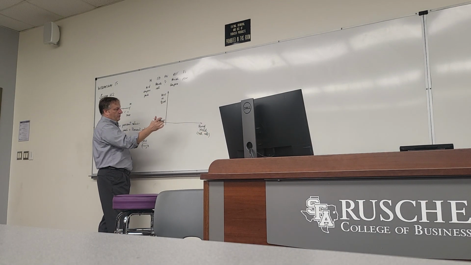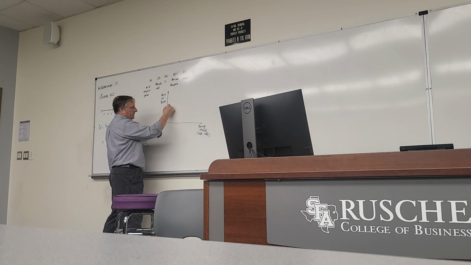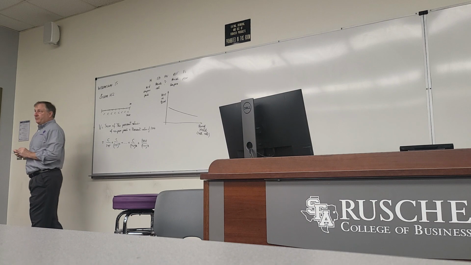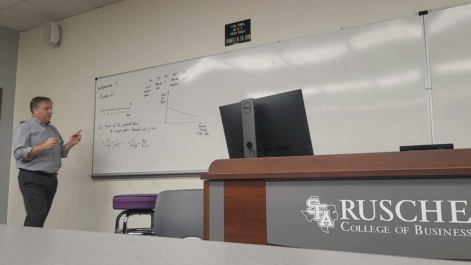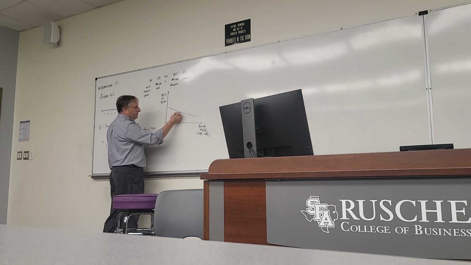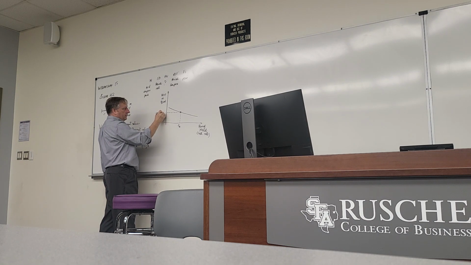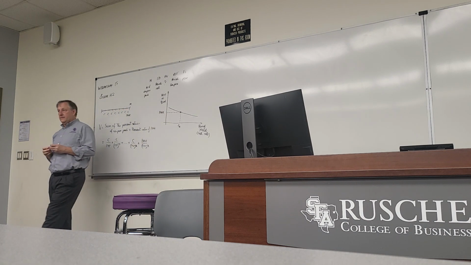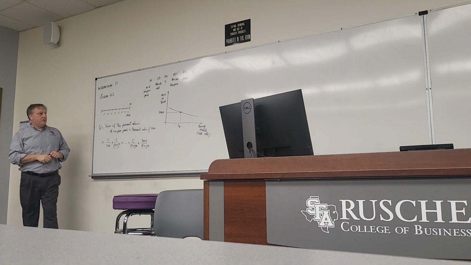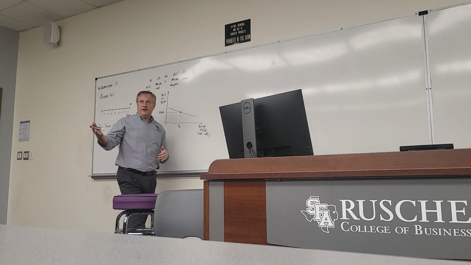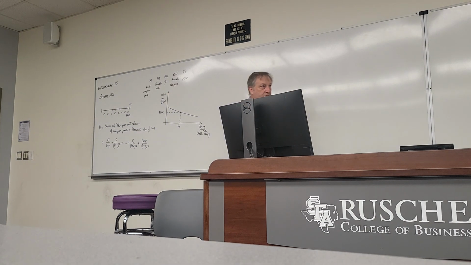And numerically, we verified that there is an inverse relationship between bond prices and interest rates. And specifically, if the market rate is the same as the coupon rate, the bond will sell at par. Yeah? So a 5% coupon bond will sell at par if market interest rates are at 5%.